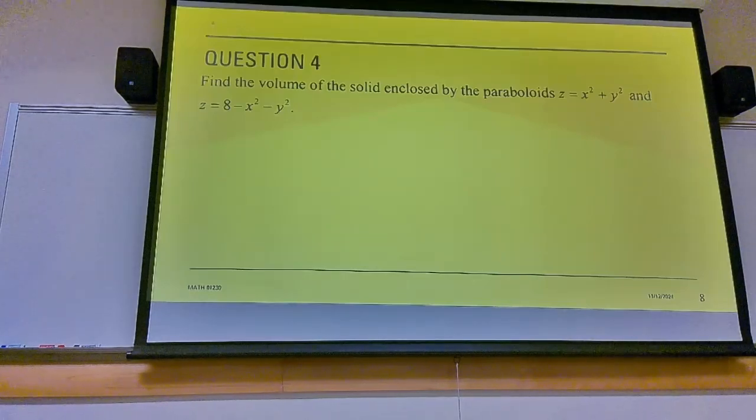So you want the volume of the solid enclosed by the two paraboloids, z equals x squared plus y squared, and z equals 8 minus x squared minus y squared. How do you find volume?